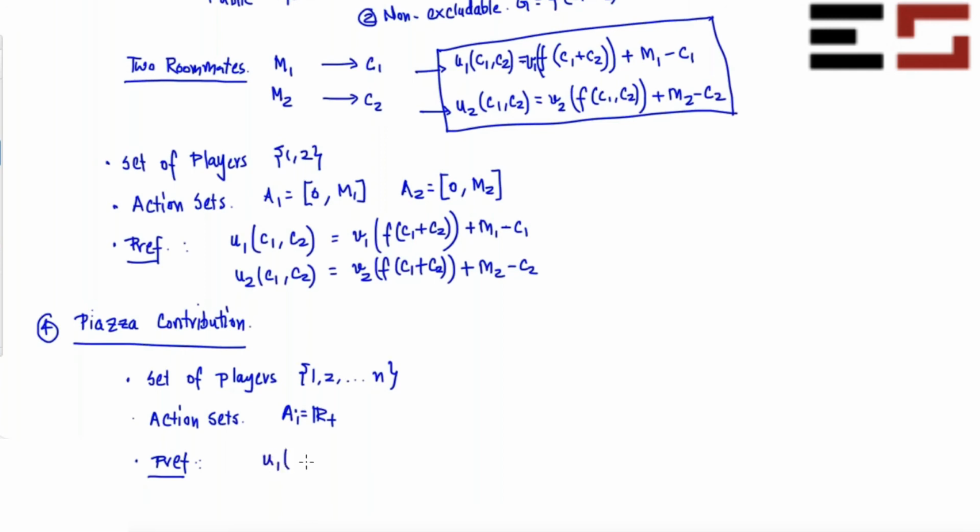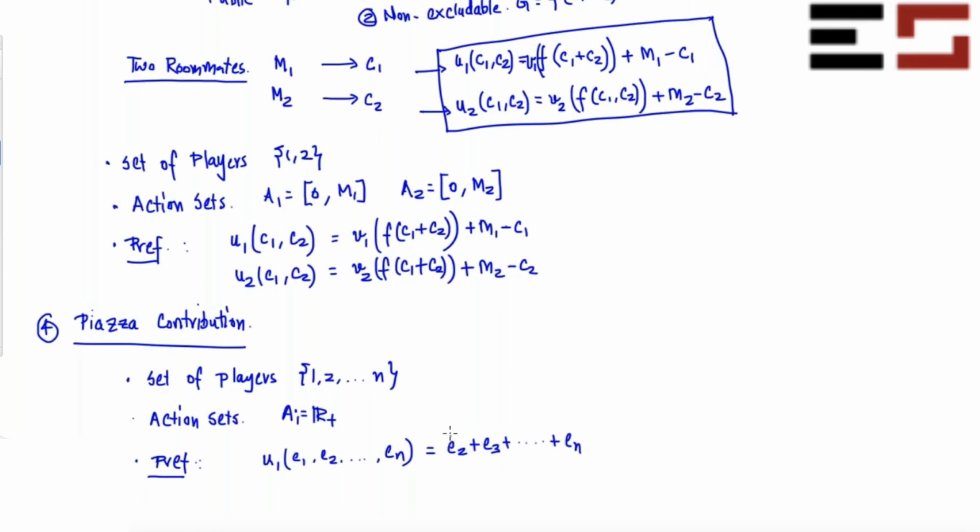You can say that u1 is a function of e1, e2 to en, equal to the value that you derive from others' effort. Let's consider something like e2 plus e3 plus en.